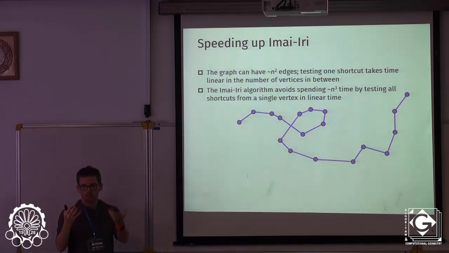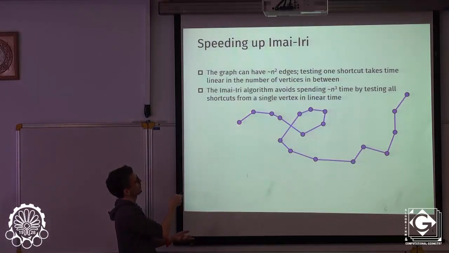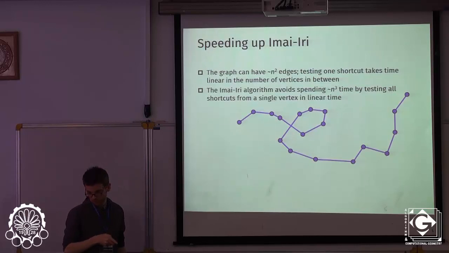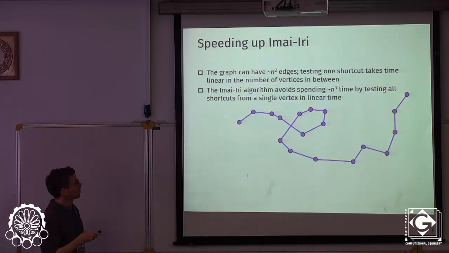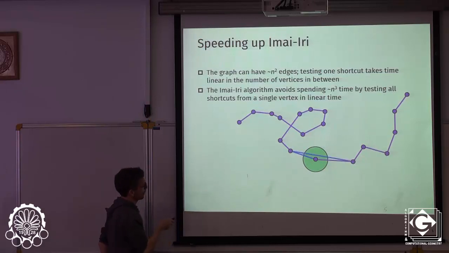So you tested for shortcuts. Let's say I started here and tested whether there's a shortcut to here, and let's say there was a shortcut. Then I'm going to reuse the information that I used to test this to also do the test up to here. So let me give this by an example down here.